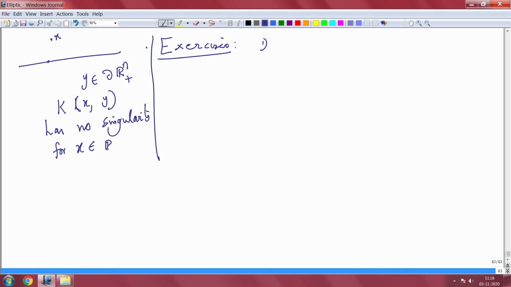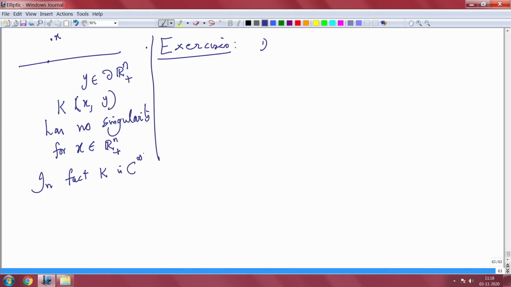It is in the upper half plane, that is an open set. Okay. That is fine. In fact, k is C infinity. Okay. So, for each x, you can see that k is a C infinity function, for y in R n, k is C infinity.